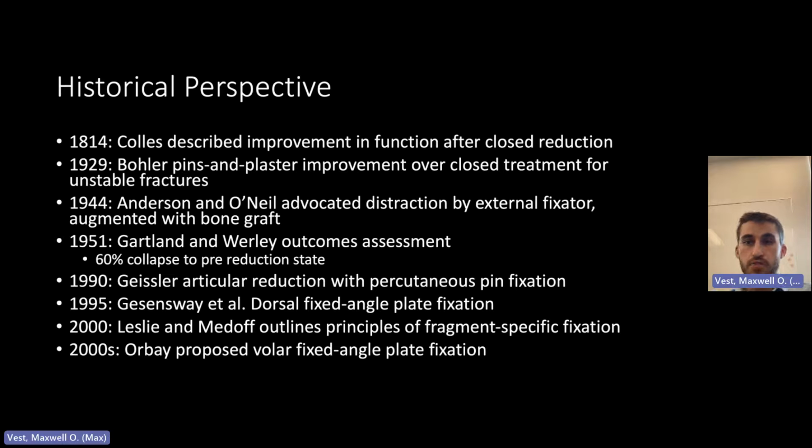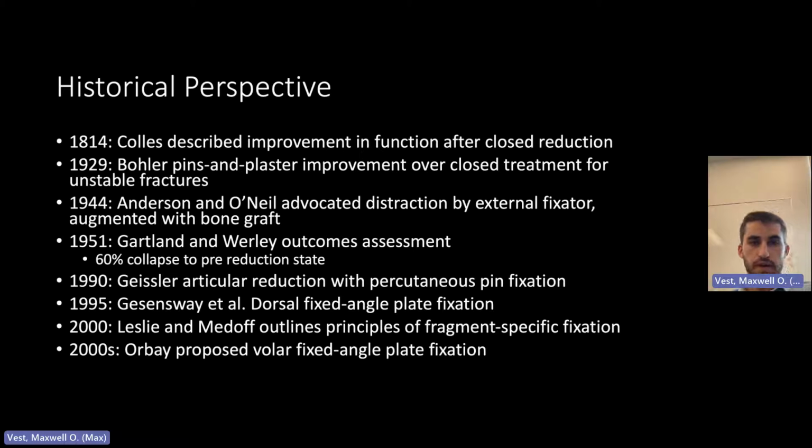A little bit of a historical perspective on distal radius fractures. In 1814, Colles described an improvement in function after closed reduction of distal radius fractures.